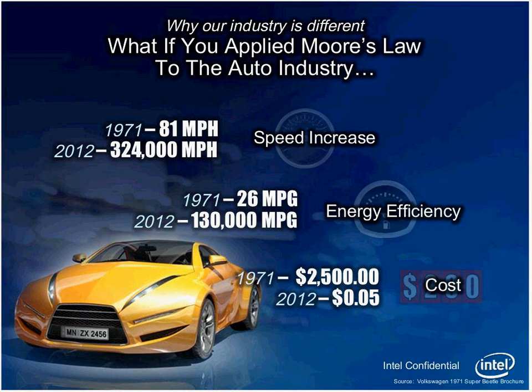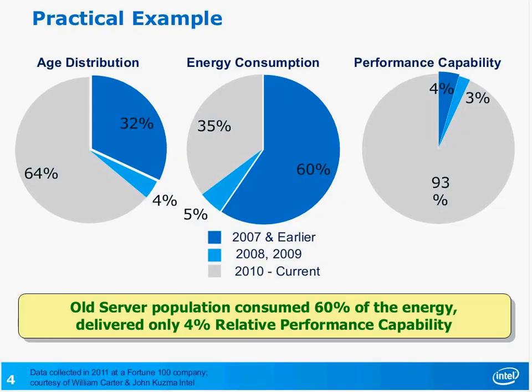It would get 130,000 miles per gallon, and it would cost you 5 cents. So again, just a little reminder of the power of Moore's Law and what we're able to do as we advance computing technology. Now, let's bring us home to a real-world example in a data center.